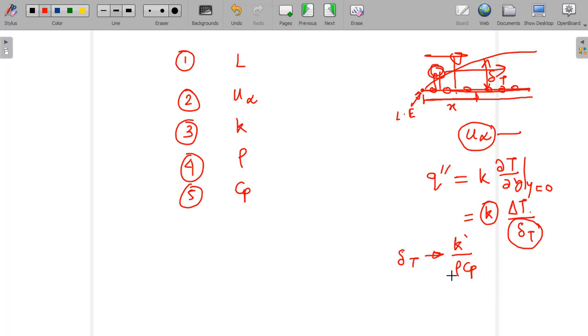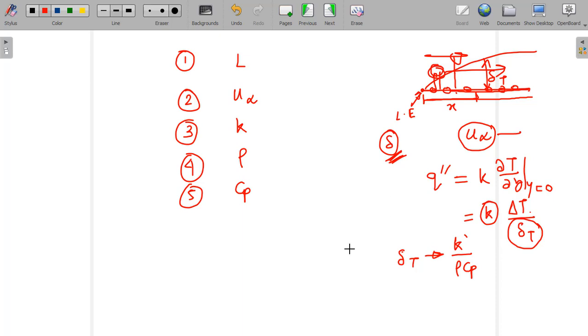Not only that, it also has an effect on delta. So what is this delta? Delta is the velocity boundary layer thickness, because it has a direct effect on the velocity boundary layer.